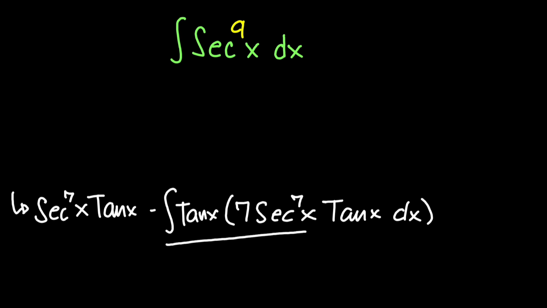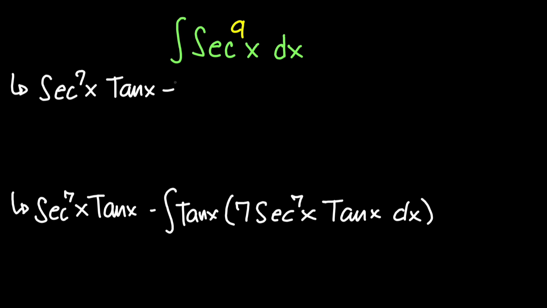Firstly, let us simplify this expression. You can see here that there are two tan of x, so you can combine them together in order to make tangent squared of x. And what we have here is 7 secant to the power 7 of x. Since what we have here is a coefficient or a pure number, we can actually put this outside the integral.